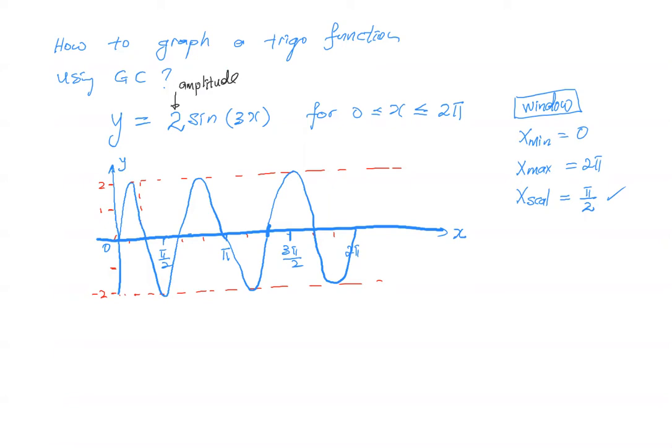This number is telling you that within 2 pi there is one full cycle. 2 pi is 360 degrees, correct? Within 2 pi, there are 3 complete cycles.